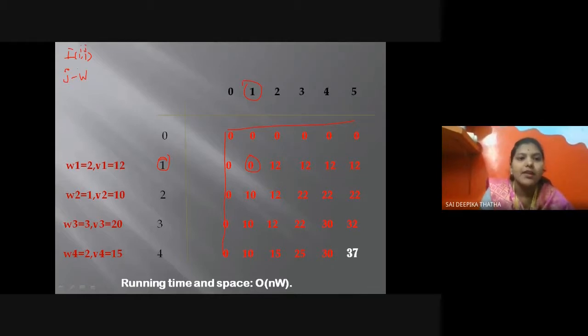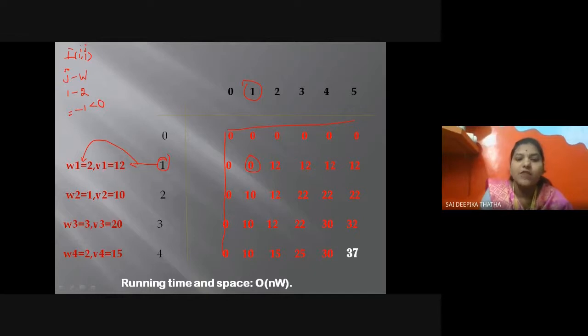What will happen here? 1 minus, how can I get my w? The one corresponding to this is going to be my w value. That is the weight of the first item, which is nothing but 2 here. That is 1 minus 2, which is nothing but minus 1. Whether minus 1 is less than 0 or greater than 0, it is strictly less than 0.